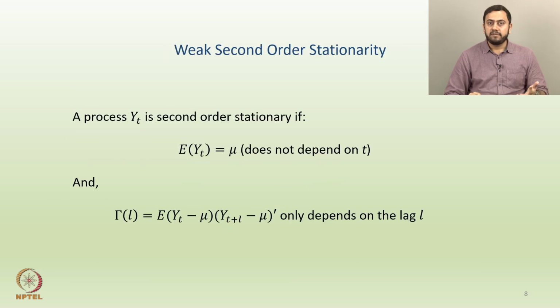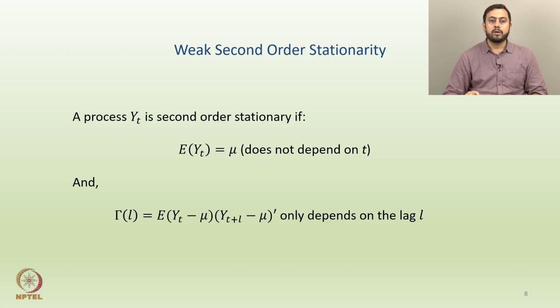Now, the second definition we'll focus on in this session is weak second order stationarity. So when can we say that the time series process is second order stationary? A process yt is second order stationary if the expectation of yt is mu, so you don't have a subscript here, this does not depend on t, of course.